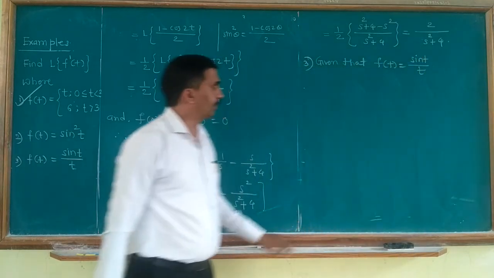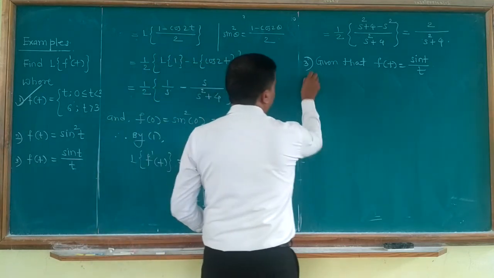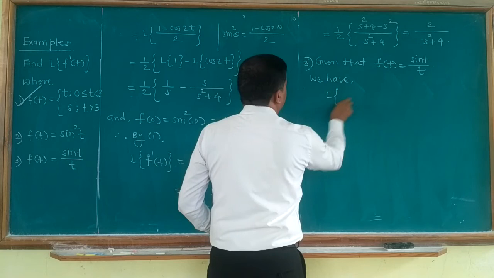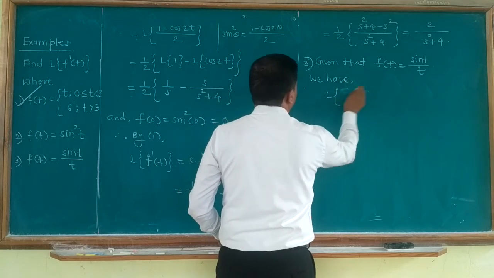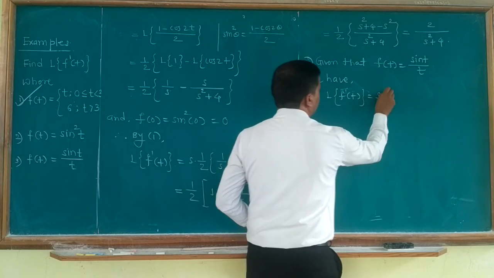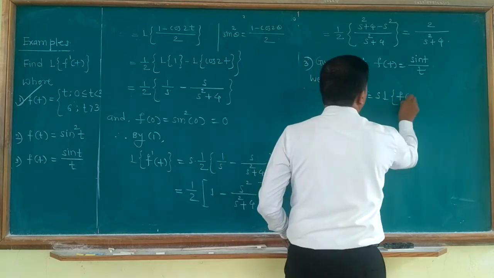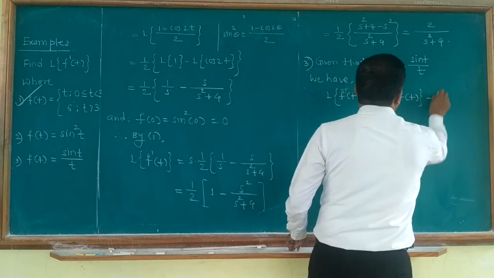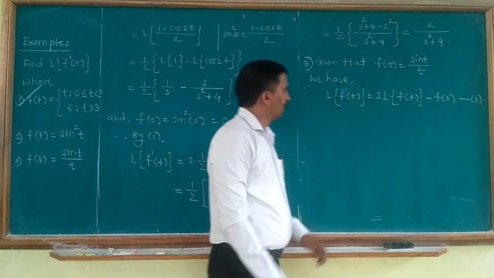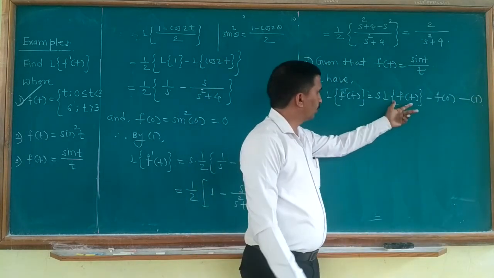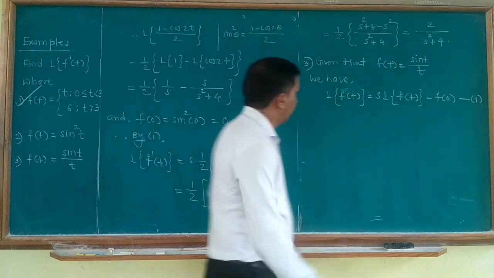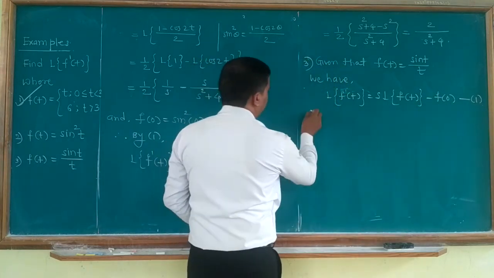This is a given function, and we have Laplace transformation of f dash t is equal to s into Laplace of f of t minus f of 0. Well, this is equation 1. Now try to find out Laplace of f of t and value of f of 0. So here, first we find Laplace of f of t.